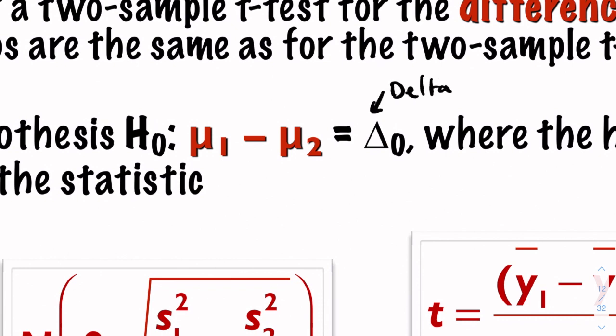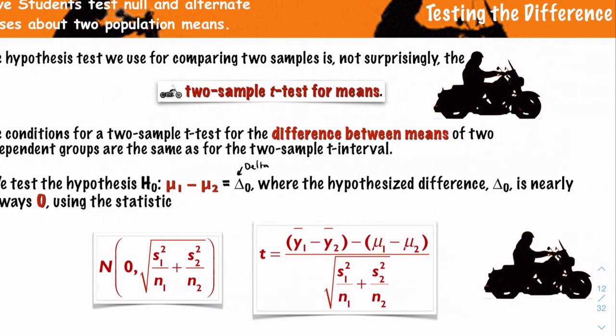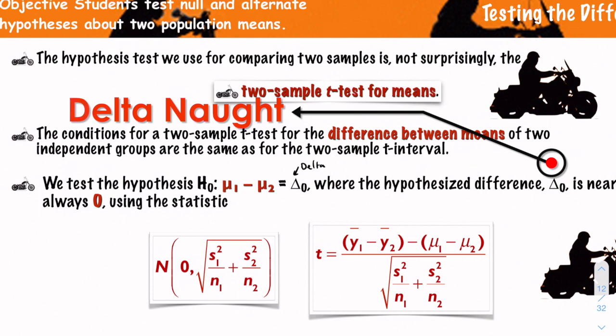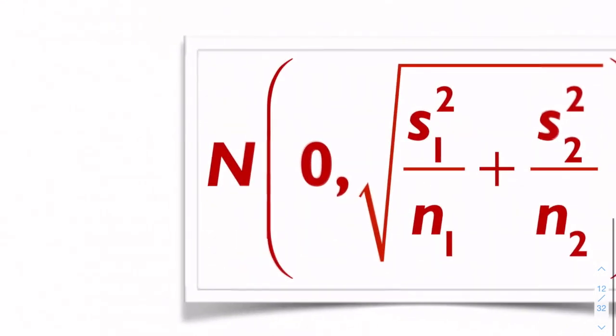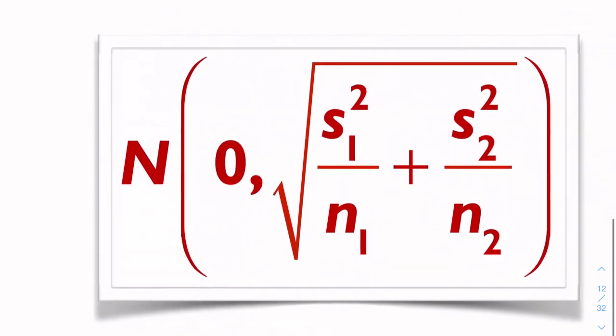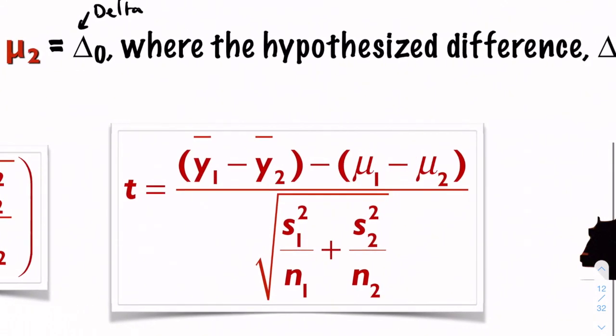So that's our Greek letter, where the hypothesized difference, delta null, is nearly always 0, using the test statistic. Now, the two things that I need you to provide: here is our normal model with our mean of 0, that's our difference of our means, and our standard error for our standard deviation. The other thing that you will provide me is your t statistic, and this is what we are going to compare against our critical value.